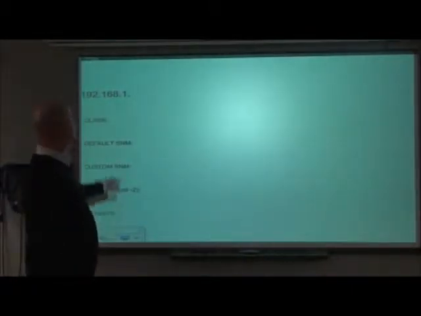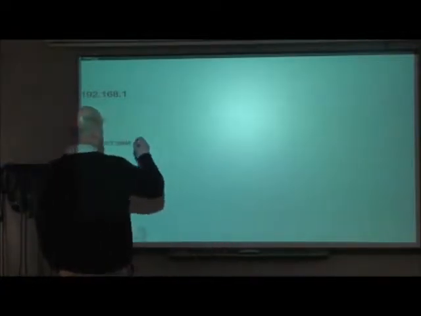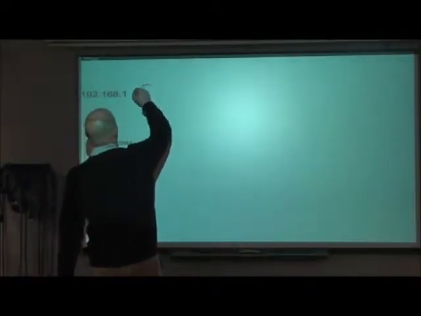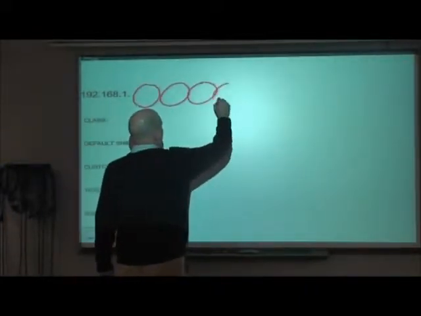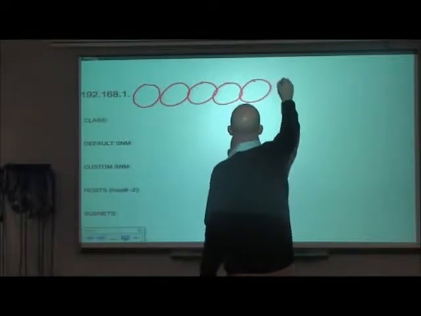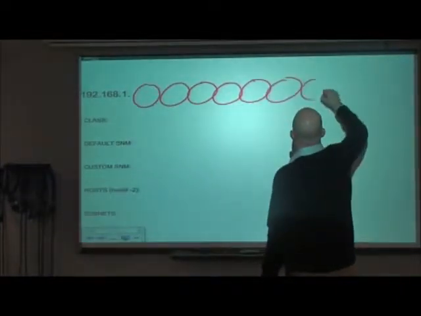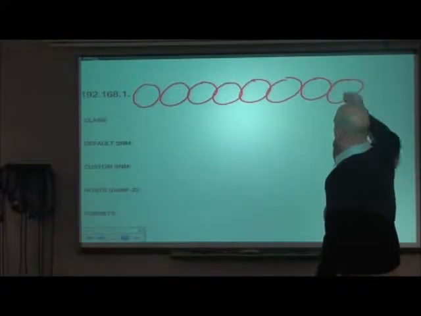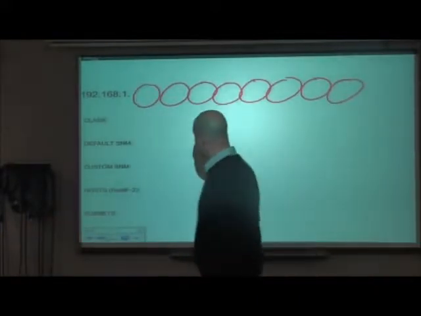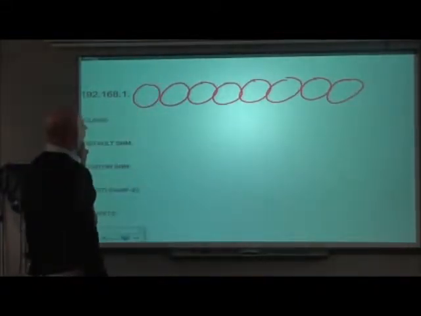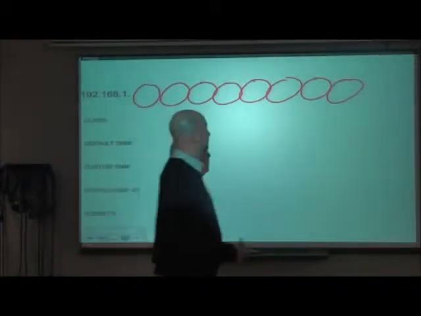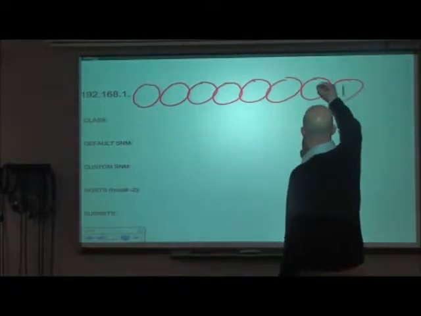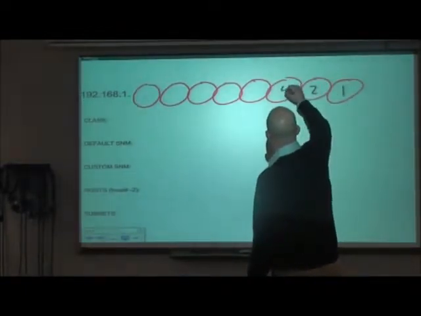The method I like to use is I like to write out the network portion of the IP address, and then for the host, I make 8 big zeros. After doing that, I'll fill them in with a bit value for each one, starting with 1 and going by powers of 2.